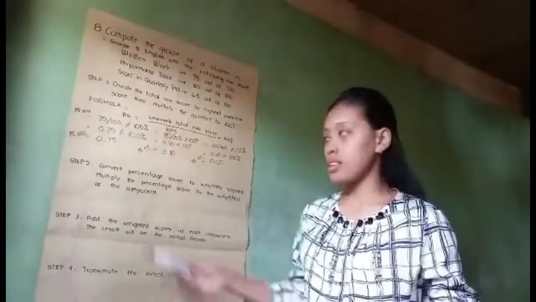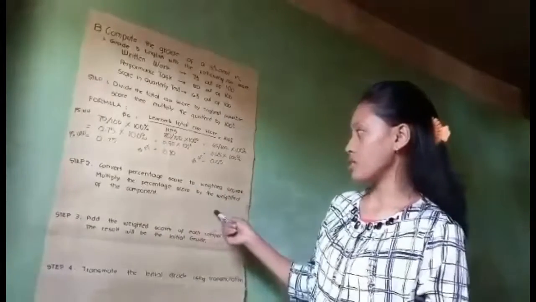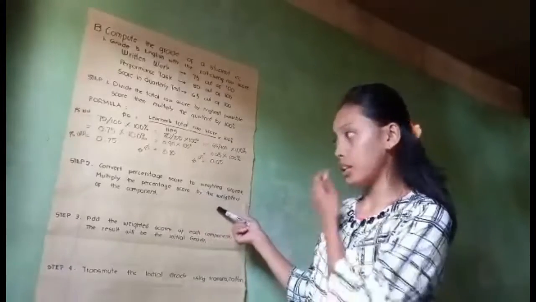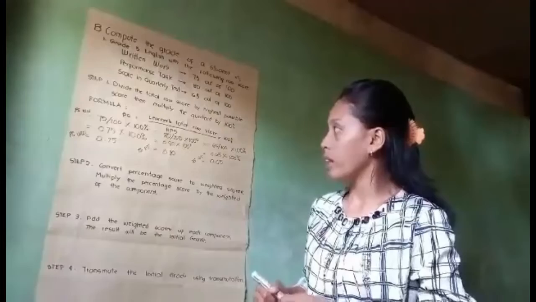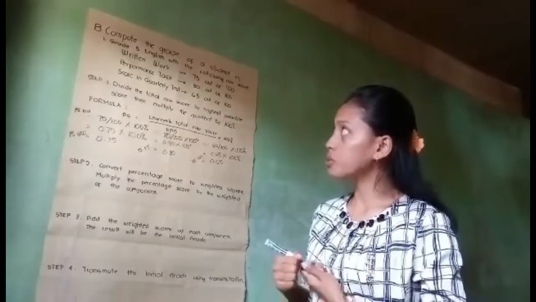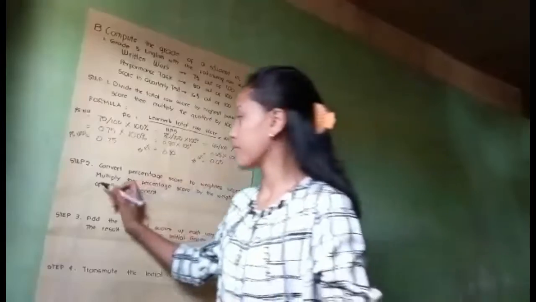So the next step is to convert the percentage score to the weighted score. Multiply the percentage score by the weight of the components. Let's do first the written work.